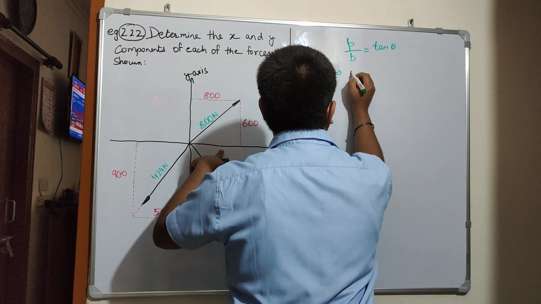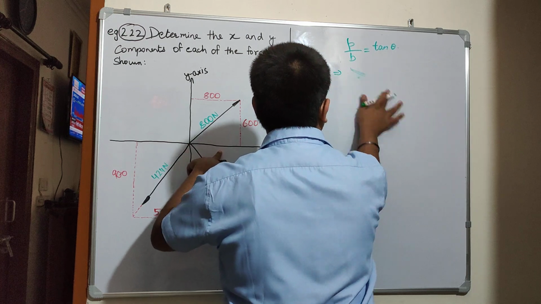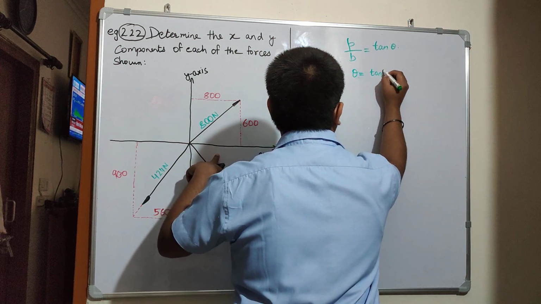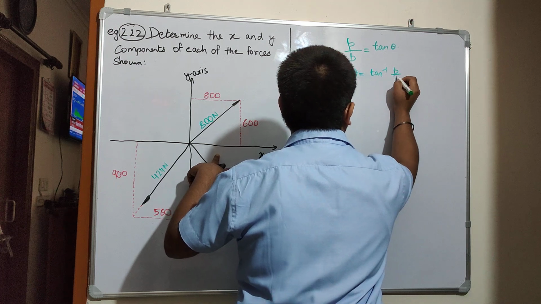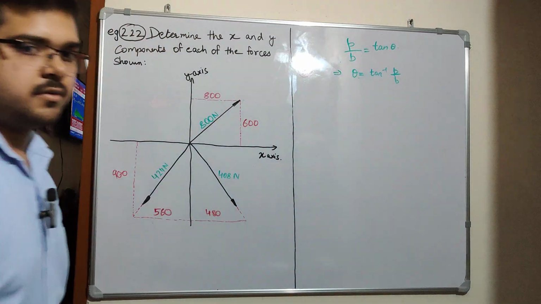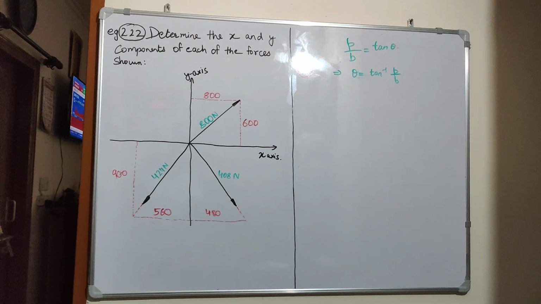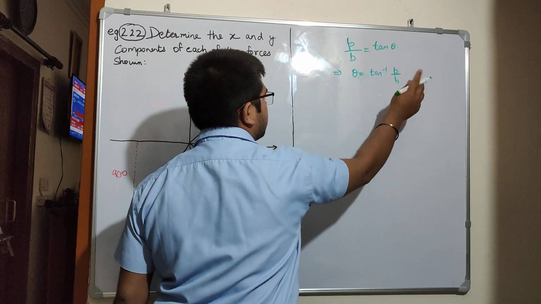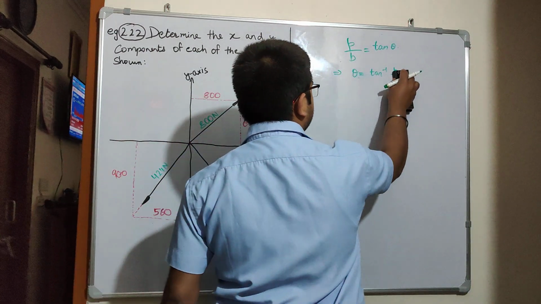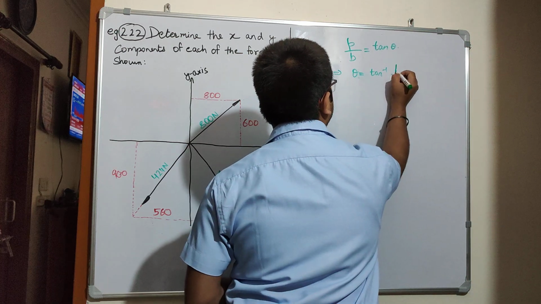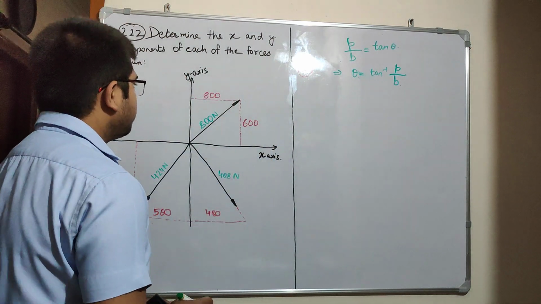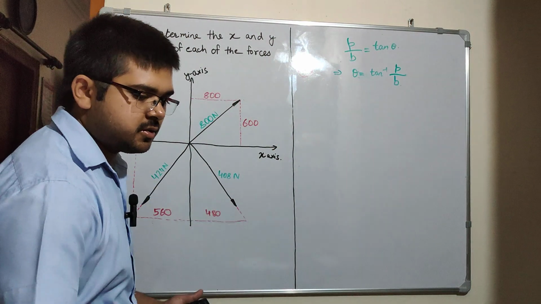This implies theta is equal to tan inverse P by B. This is P, and this is B. So we will take the perpendicular by base.